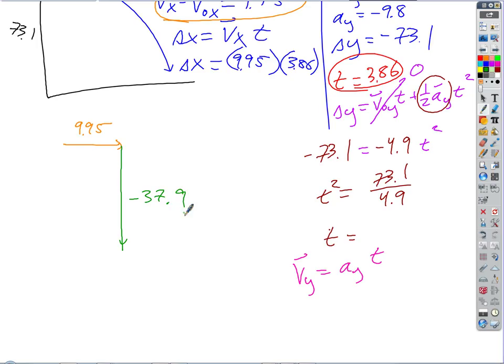And so the resultant final velocity then is going to be that. Everybody agree? How would I find it? Pythagorean theorem.